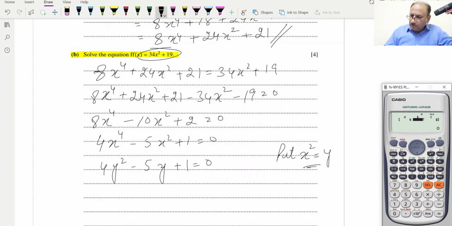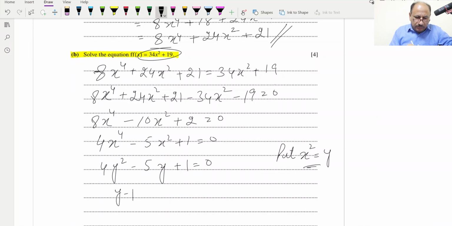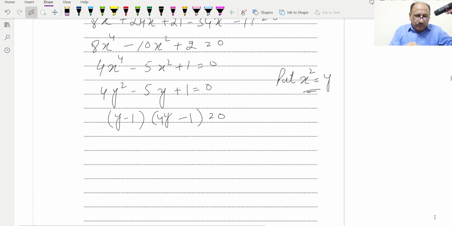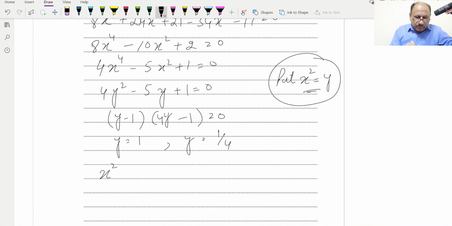Solving this quadratic equation, the coefficient of y^2 is 4, coefficient of y is 5, and the constant is 1, so the values will be 1 and 1 by 4, so the equation becomes (4y - 1)(y - 1) = 0. The values will be y = 1 and y = 1 over 4, and y is x^2, so we write x^2 = 1 or x^2 = 1 over 4.